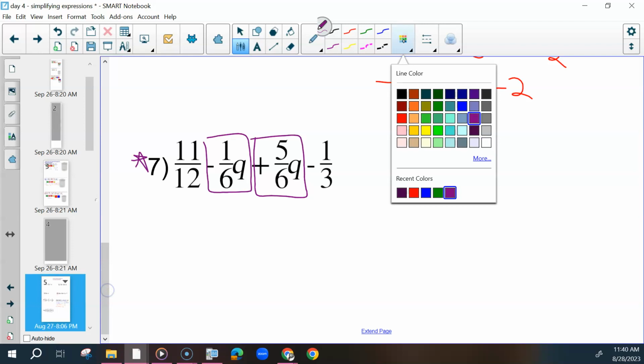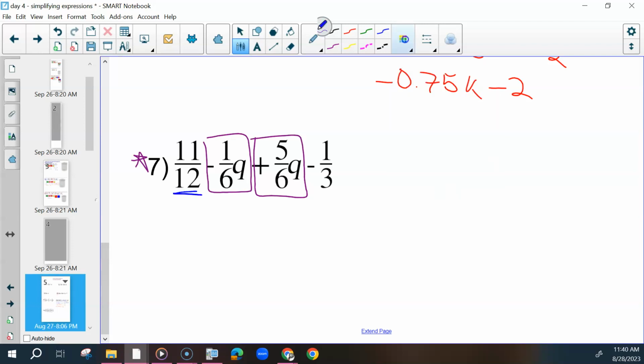So it's one set, and then the others will be your numbers up here. If these were nice fractions, so like 1 divided by 3 is not a nice fraction, it's going to give you a repeating decimal. If it was a nice fraction, nice decimal, then you could change them to decimals, but in this case, because of that, we're not.